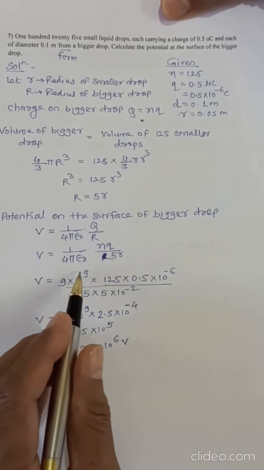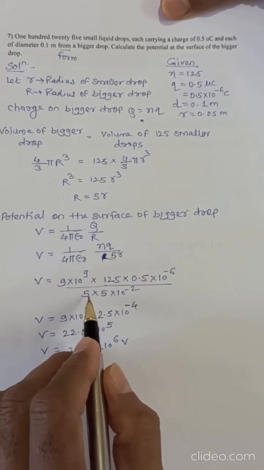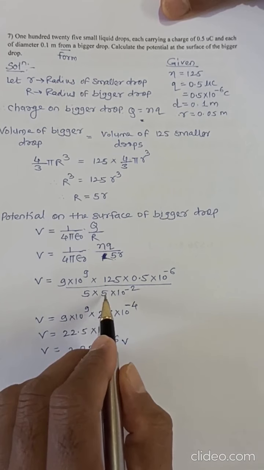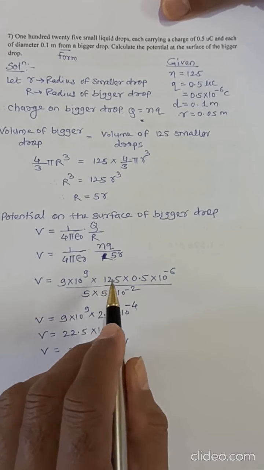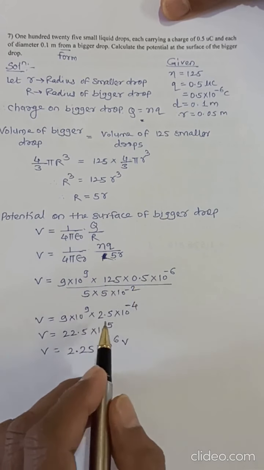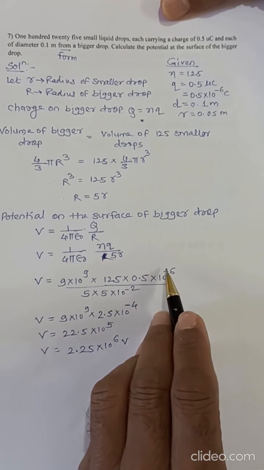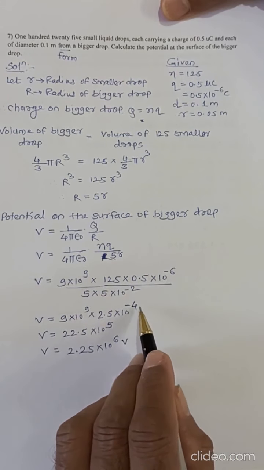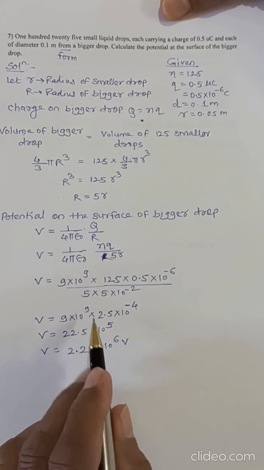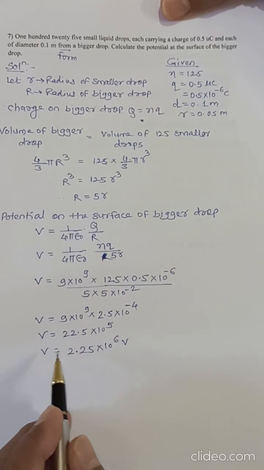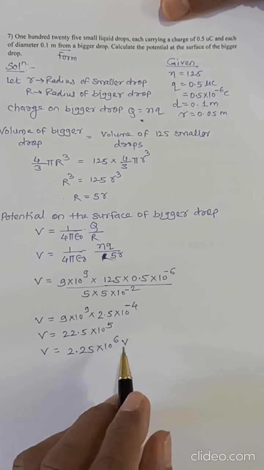So 9 into 10 raised to 9, here is 5 into 5, 25, 125 upon 25 means 5. So 5 into 0.5, 2.5, 10 raised to minus 6, 10 raised to plus 2 means 10 raised to minus 4. So if we solve this, we get 22.5 into 10 raised to plus 5, or V is equal to 2.25 into 10 raised to 6 volt.